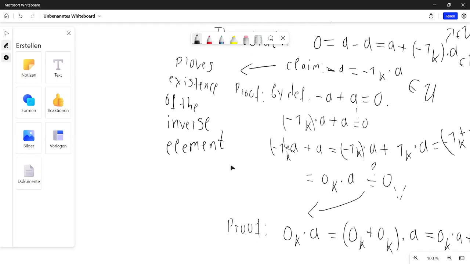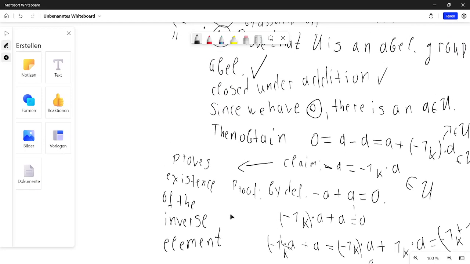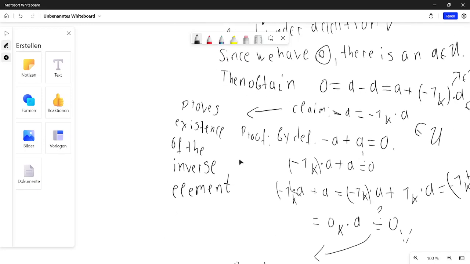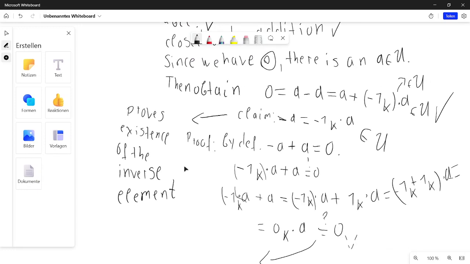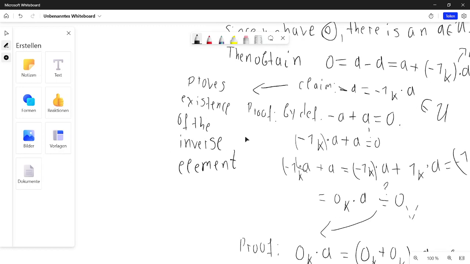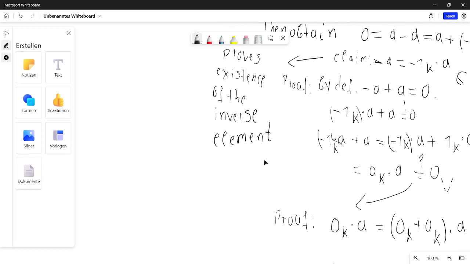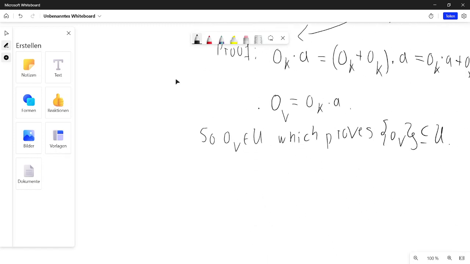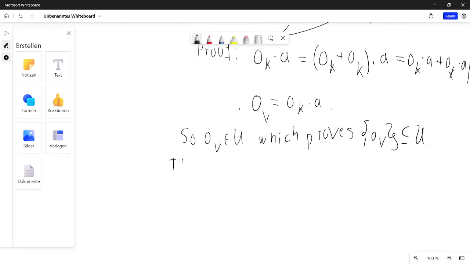We have proved that it is non-empty. We have proved existence of 0 in U. It turns out to be exactly the 0 in V. We have proved existence of the inverse element, and we have associativity. So that proves that U is an abelian group. Abelian is for free, as I said. Associativity is also for free. Abelian group.